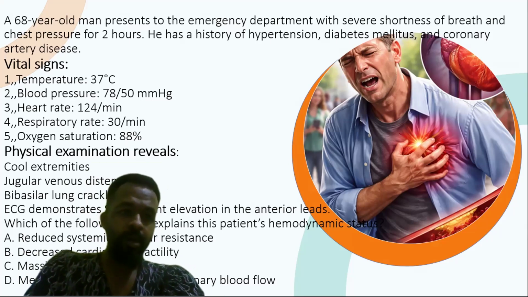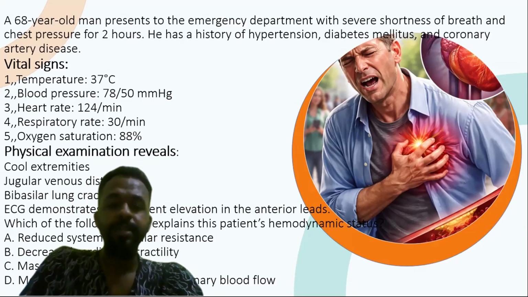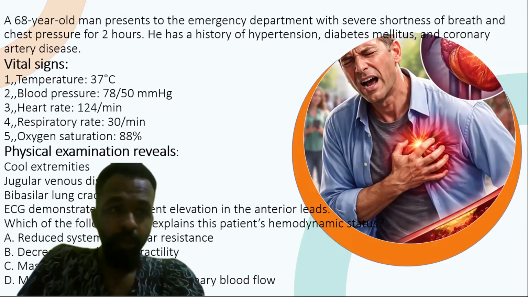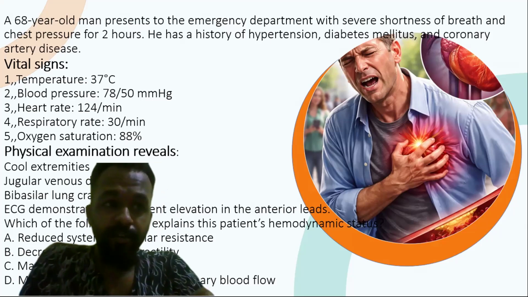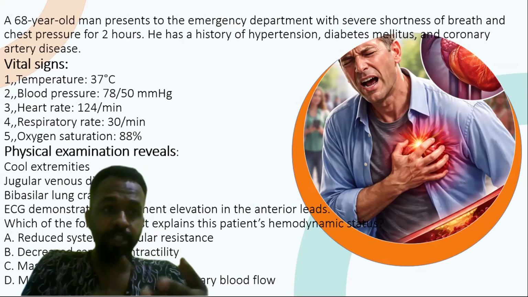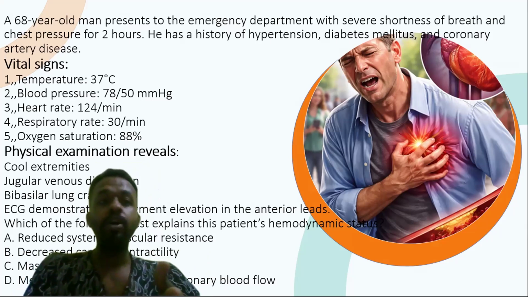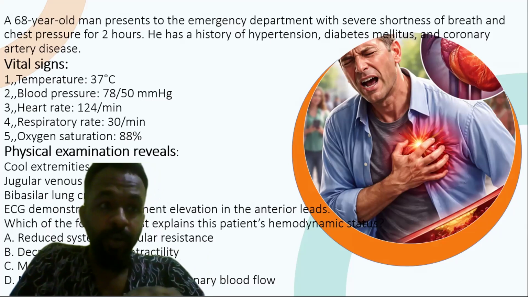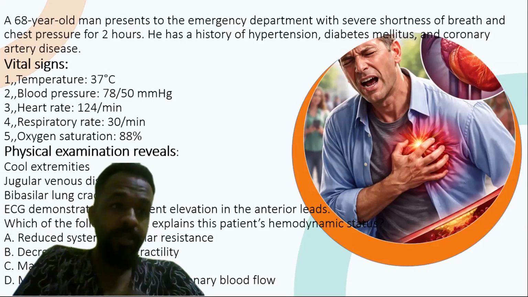So, what clues stand out? What to pick and what not to pick from the clues? We have chest pain, ST elevation, myocardial infarction, hypotension, JVD, jugular vein distension, pulmonary crackles, and cold extremities.